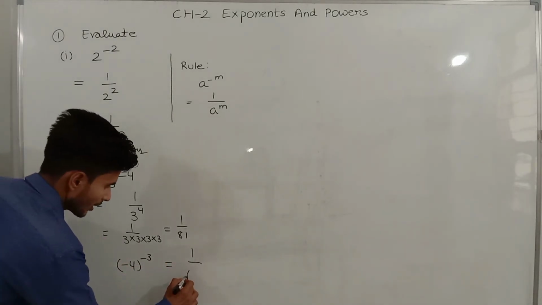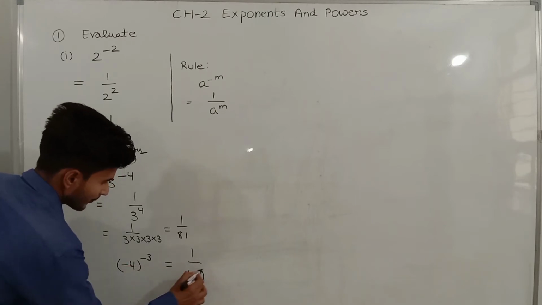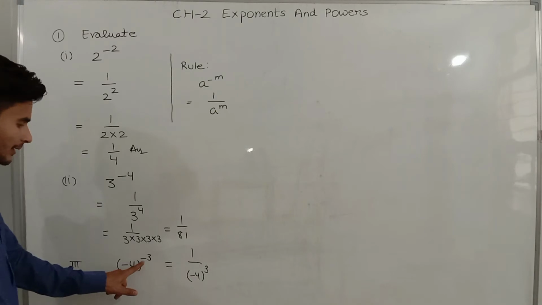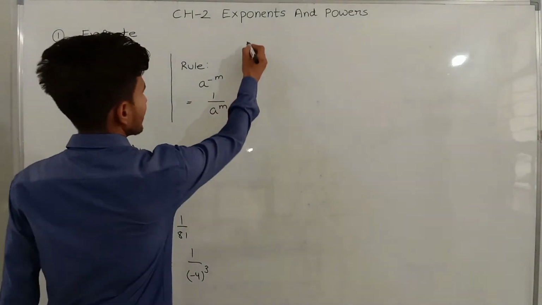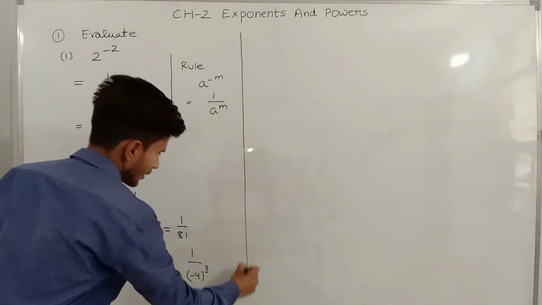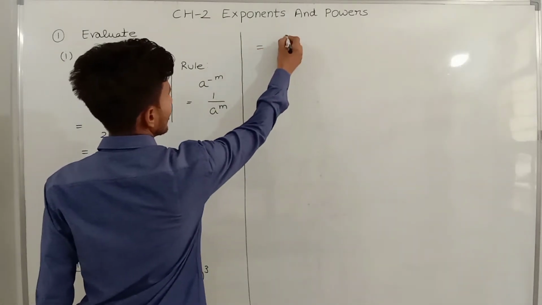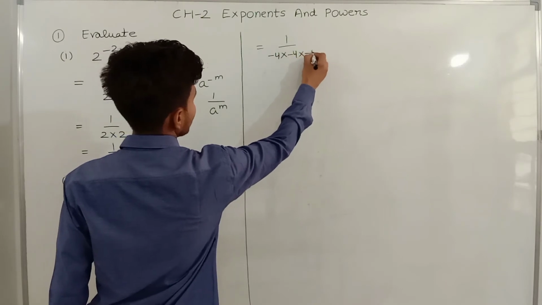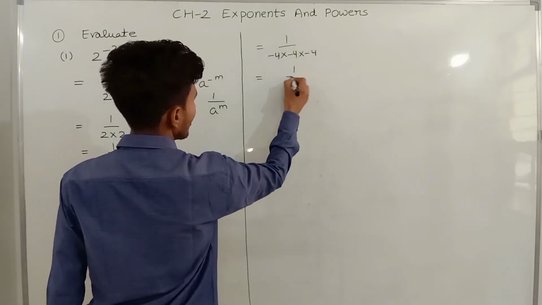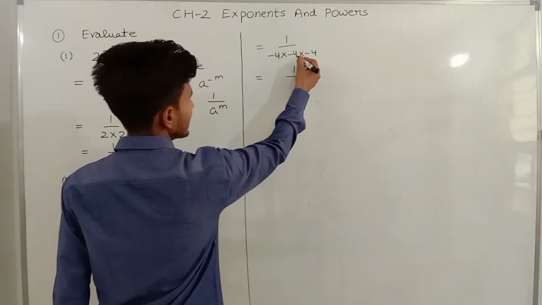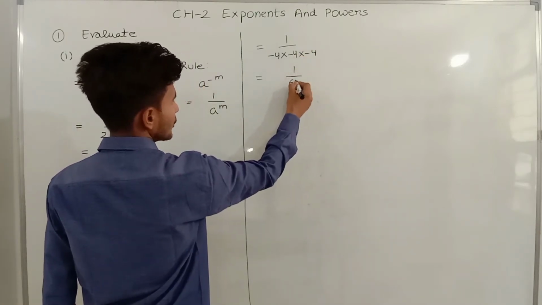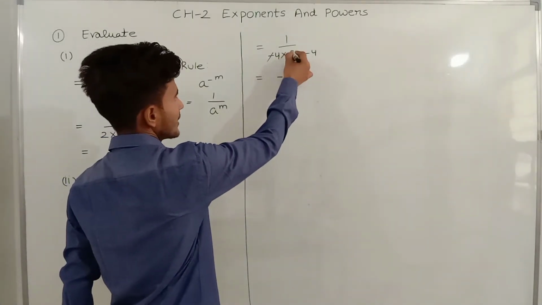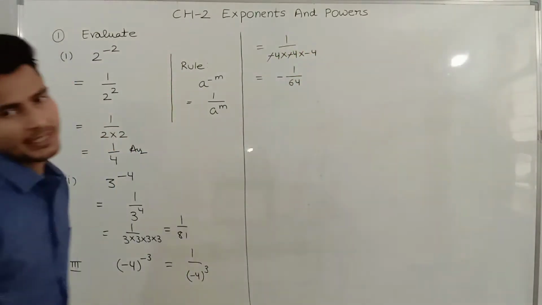So it will become 1 upon (-4) whole power 3. Power will become positive. So it will become 1 upon -4 into -4 into -4, equals 1 upon 4 into 4 is 16, 4 sixteens are 64. The sign will be negative, so it will be -1 by 64.